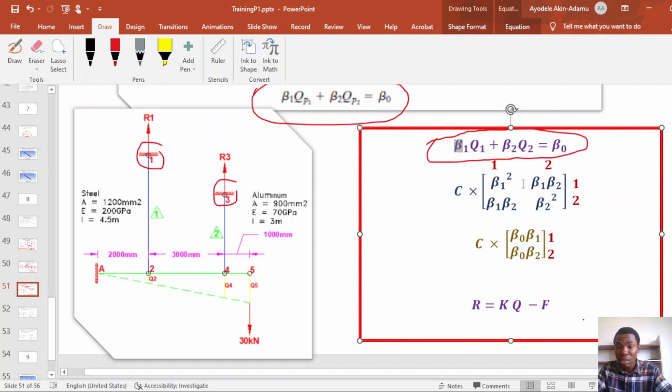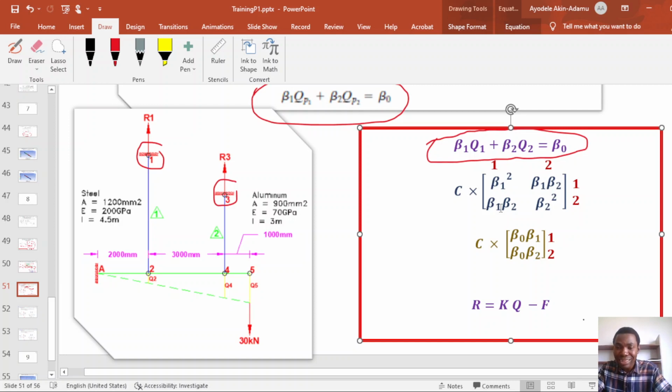And when you have determined them, you substitute them in this matrix. And we need to add this matrix to our global stiffness matrix. Remember how we assemble our global stiffness matrix, we add up all the local stiffness matrices.